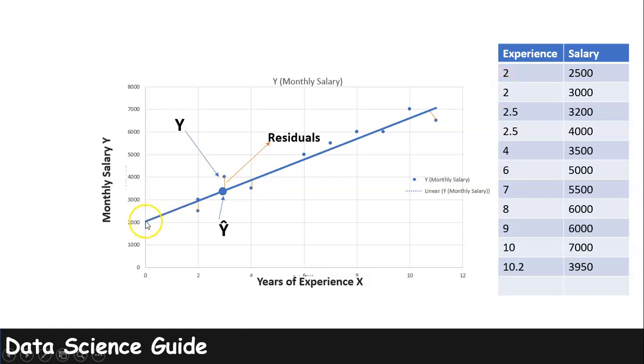This line here is not 100% accurate because it was just drawn randomly. It's supposed to start somewhere here because the minimum here is 2,500 in this example. So based on the data in this table, 2,500 is the minimum value, so the slope line should start from here and go straight that way.